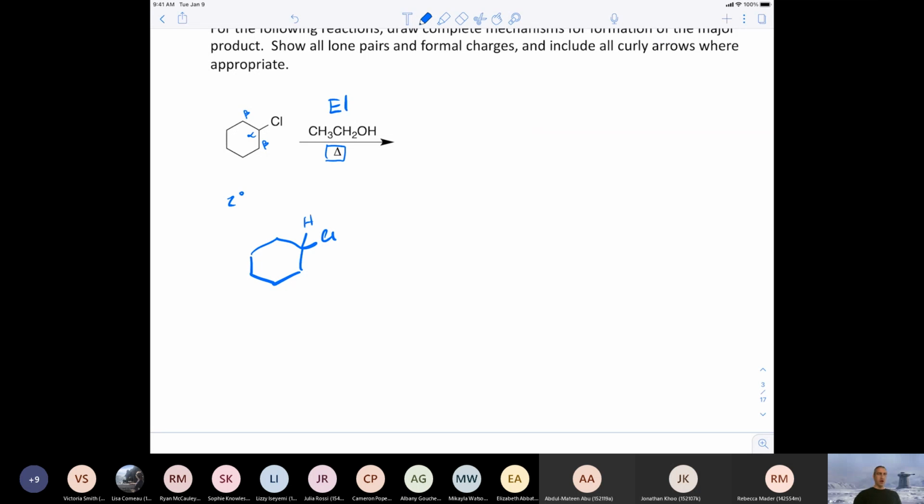It's not an inversion, so I don't have to worry about that anyway. But also, it's not a chiral center. The dashed and wedged are really important when it's a chiral center. If it's not a chiral center, those two are interchangeable, right? Whether it's front or back doesn't make any difference. It's the same molecule. Okay, E1 or SN1 has the same first step.